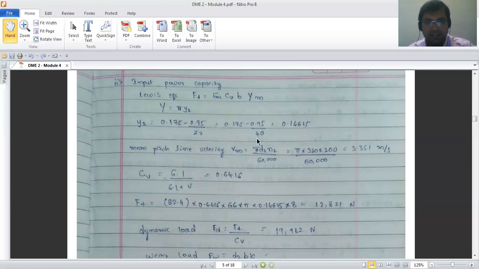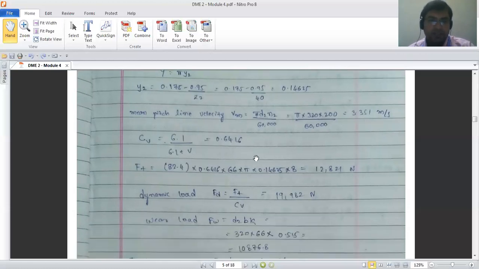So we are calculating y2 as 0.14625. Pitch velocity we are calculating based on the worm wheel, that is d2 and n2, which is around 3.351 meter per second. The velocity factor is 0.6416. You substitute the velocity as 3.3, you will get this value.